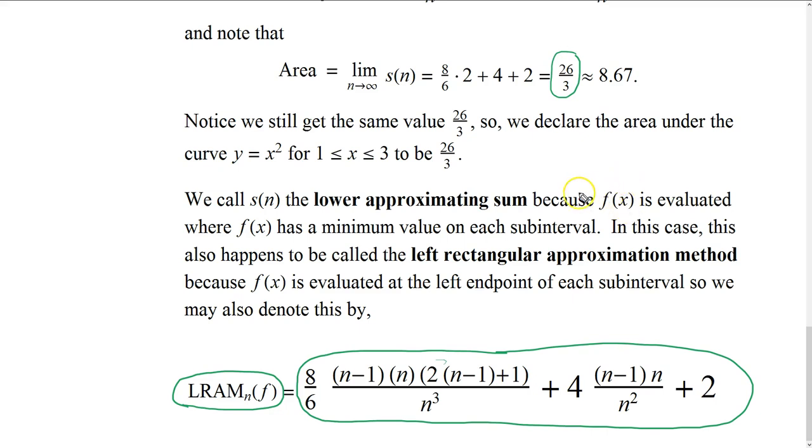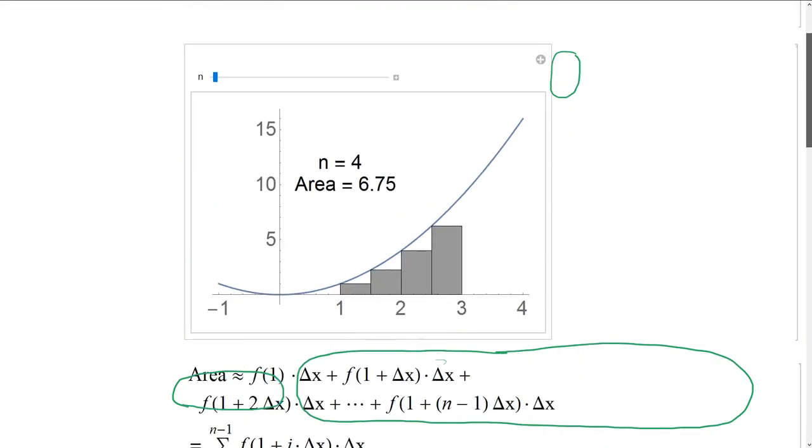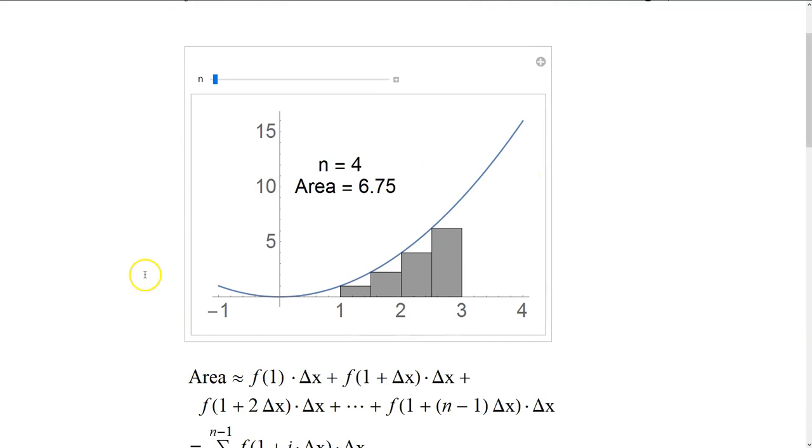And just to recall the graphic that we had for that, notice once again here, on each subinterval, we're evaluating the function, the height of each rectangle where the function has a minimum, and that happens to be at the left-hand endpoint of the first interval, left-hand endpoint of the second interval, left-hand endpoint of the third interval, and so on.